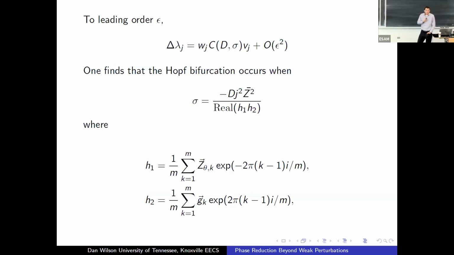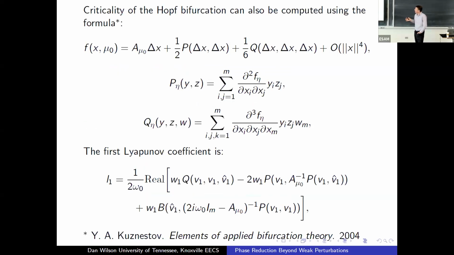I can do some perturbation analysis, once again assuming that my noise and coupling are small, and look at exactly when that Hopf bifurcation occurs, so that the coupling is going to have to be proportional to the noise intensity. I can also look at the criticality of that bifurcation by looking at the second and third order terms. This computation was a little bit more difficult. What I'm after is the perturbed coefficient telling me whether this is a supercritical or a subcritical Hopf bifurcation.